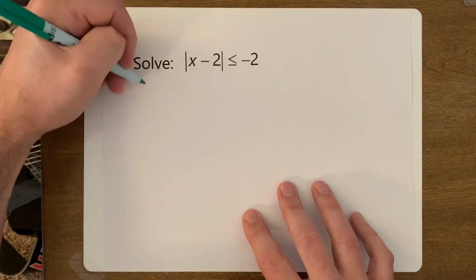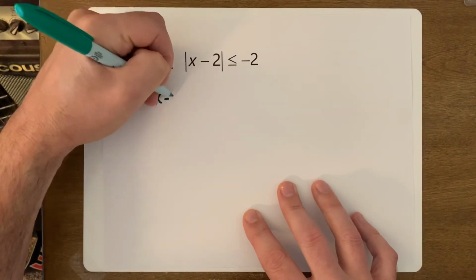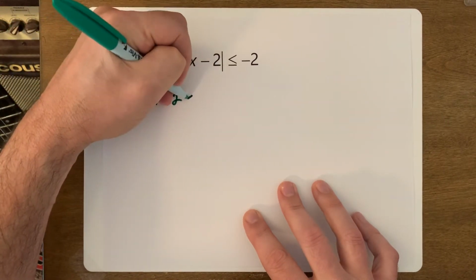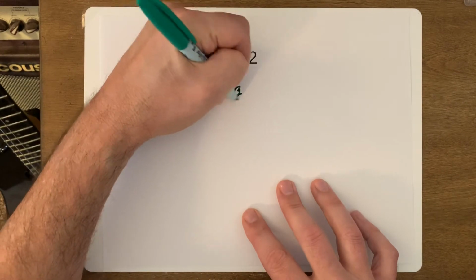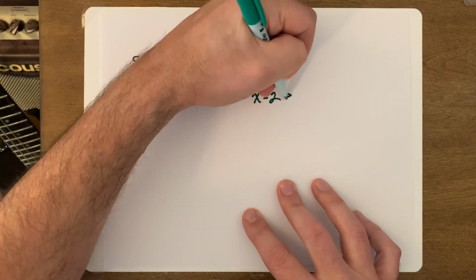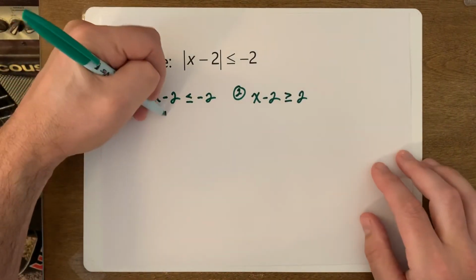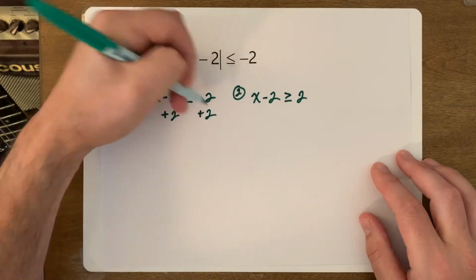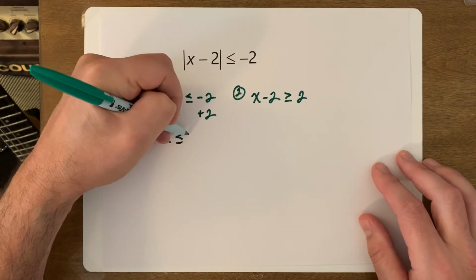So let's take a look at this one. This one, on the other hand, a student's usually going to think, well, the first one, remove the absolute value bars, and we'll solve that one as is. And the second one, x minus 2, and that would be flipped, greater than or equal to positive 2. And so the student proceeds to solve, less than or equal to 0, right?